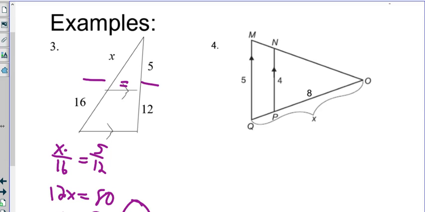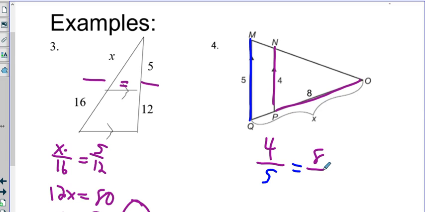All right, on this one. So we have 4 to 5. Okay? Well, the 4 is going to be the 8 there.